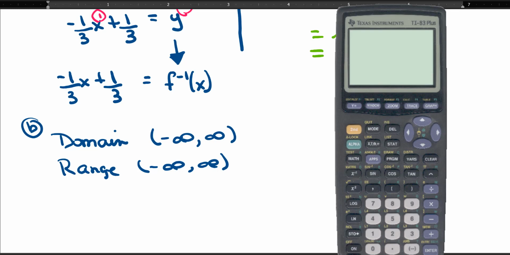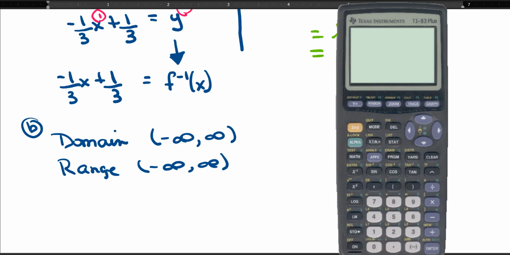So here we have a graphing calculator, and let's go to our y equals screen. And let's go ahead and plug in our numbers here.